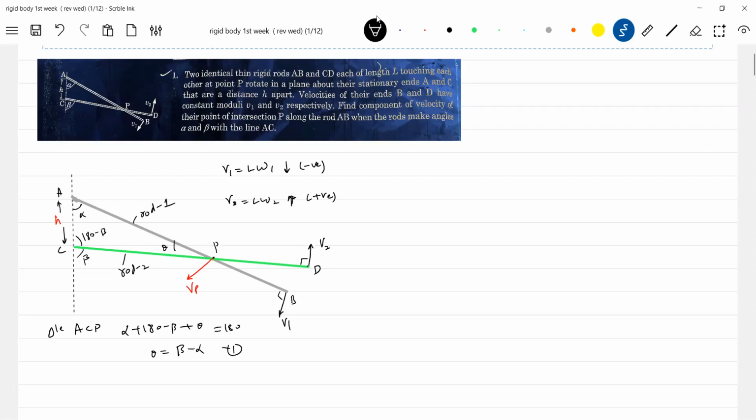Then applying sine rule, H by sine theta equal to AP by sine of 180 minus beta, and H by sine theta equal to CP by sine alpha. We'll see what all is possible. This is equation 2, and let me call this 3.